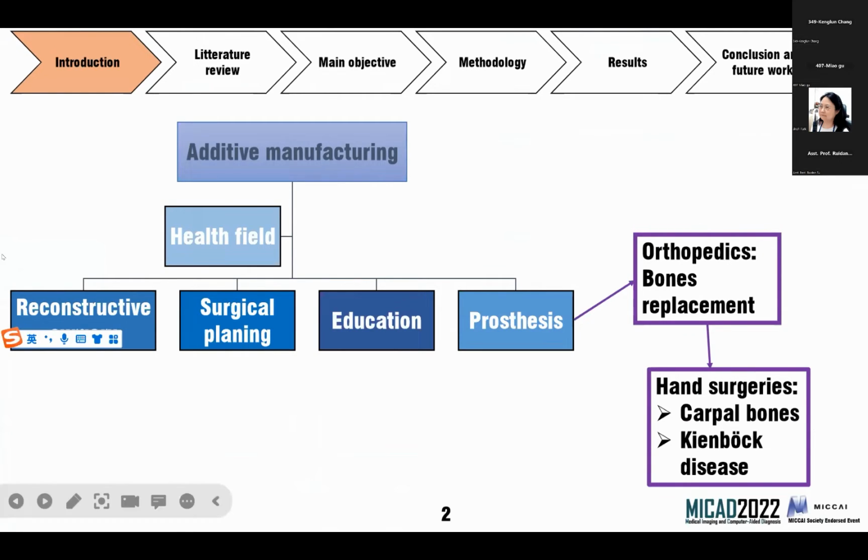However, the main field of application of these techniques remains in reconstructive surgery and prosthetic creation in orthopedics for bone and joint replacement. In hand surgeries, one of the major applications of 3D reconstruction and 3D printing is in the case of Kienbock disease that affects the lunatum, which is a bone from the carpal bones.